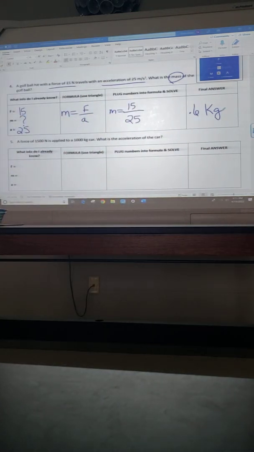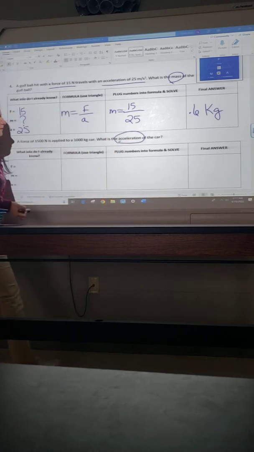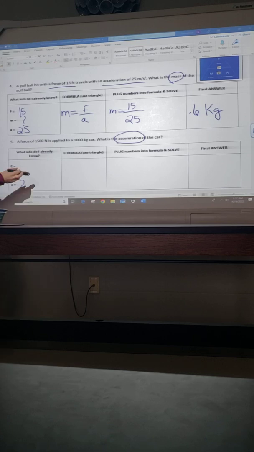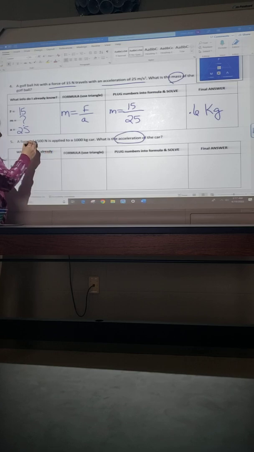Okay, let's set one up for acceleration. It says a force of 1,500 newtons is applied to a 1,000 kilogram car. What is the acceleration? So that's what we're solving for. That's our unknown. Give me the two pieces of information that we should underline. Maddie, give me one. 1,500 newtons. Okay, that's going to be our force.